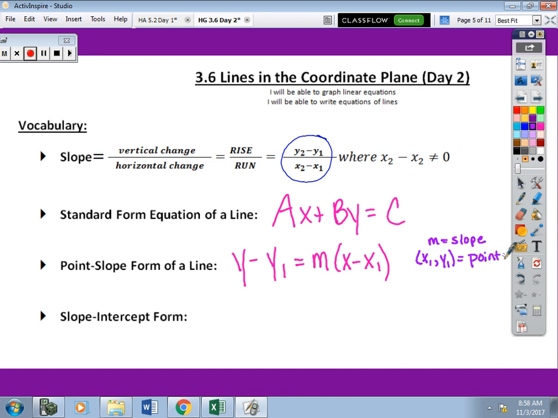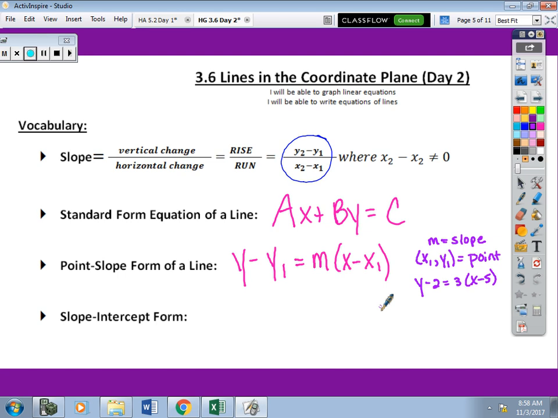So the actual y and the x that don't have the little 1 stay there. An example of an equation in point slope would be y minus 2 equals 3 times x minus 5. The y and the x always stay in the equation. The only thing you'll be plugging in for is the x1 and the y1.